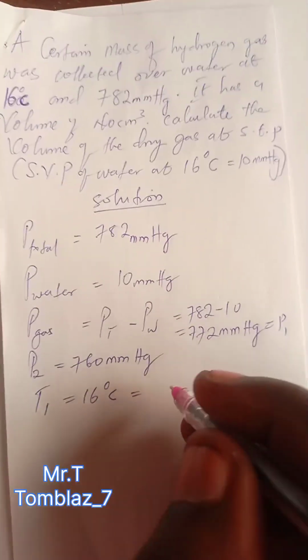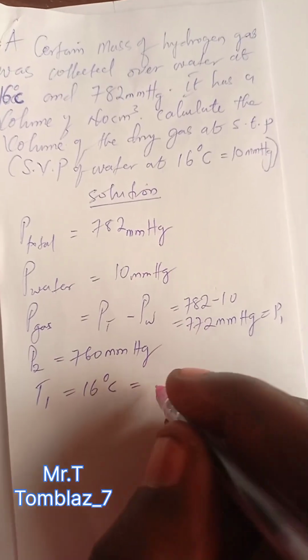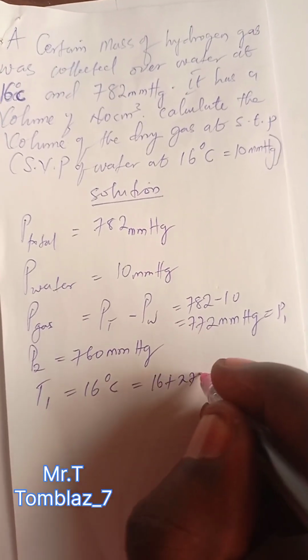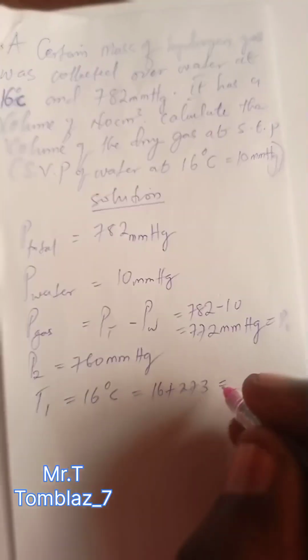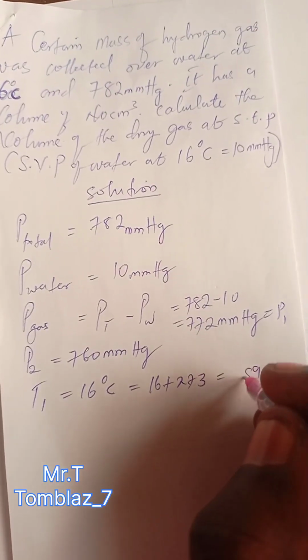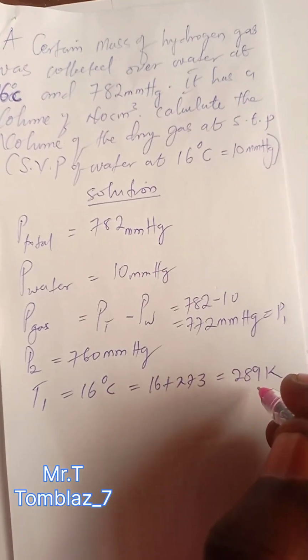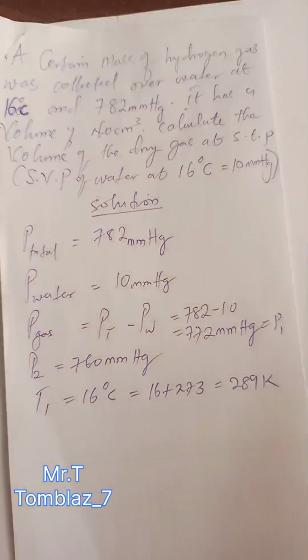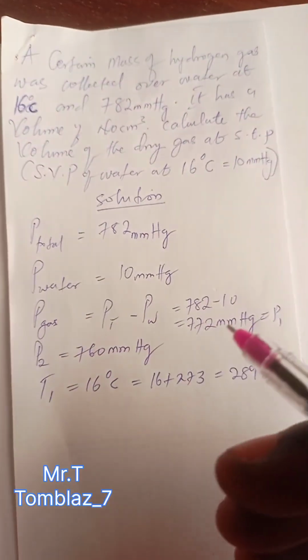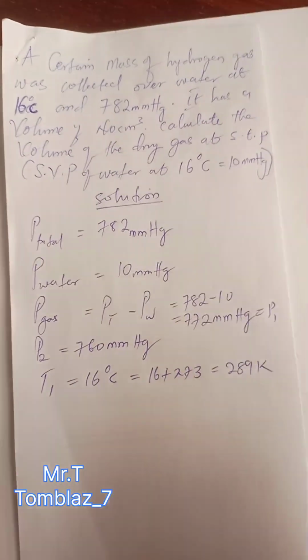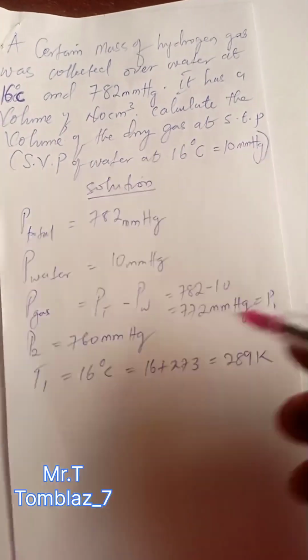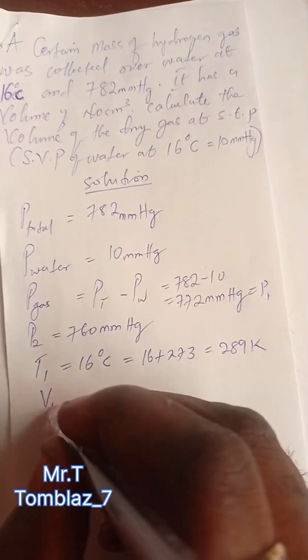So we have to convert it to Kelvin scale. So we have 16 plus 273, so this becomes Kelvin, and then we have 289 Kelvin, right?